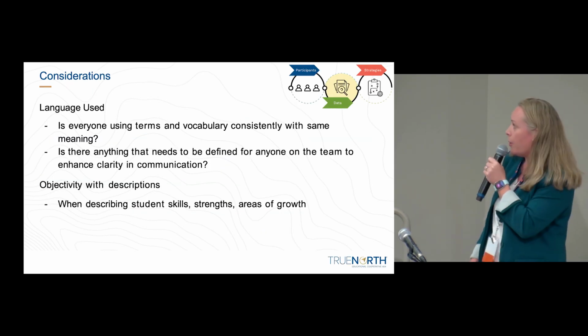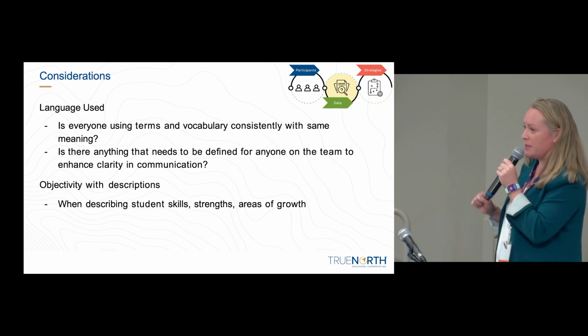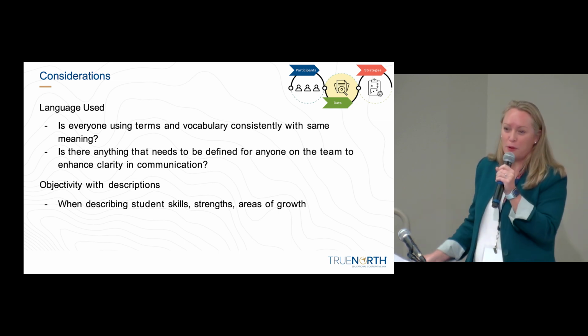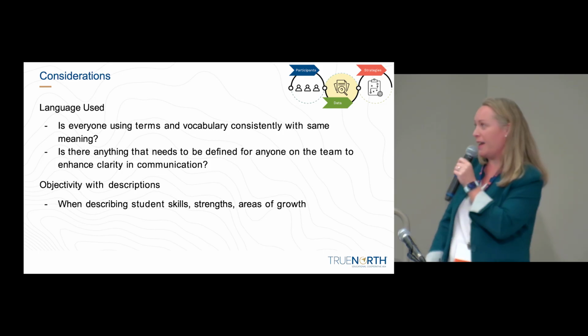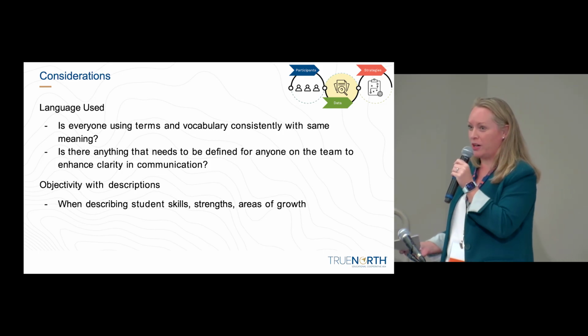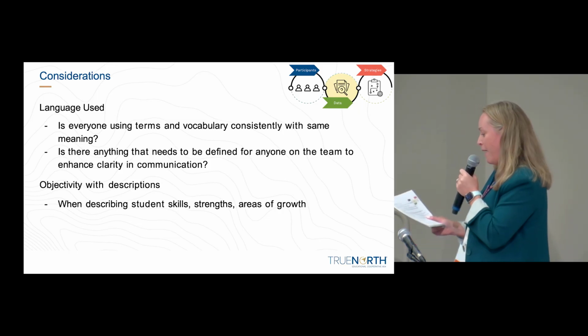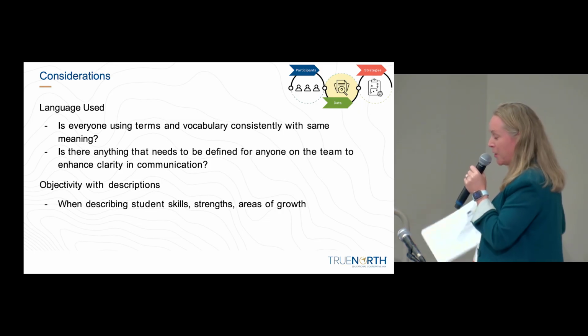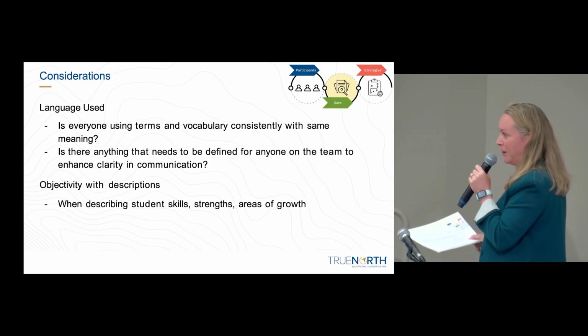And the other part that we learned in this conversation was that there are different perceptions of the language, like Katie had mentioned, in terms of, are we understanding the words the same way and having the same meaning? So specifically, one that always catches us is independence. We're like, the kid's independent, they're doing it on their own.